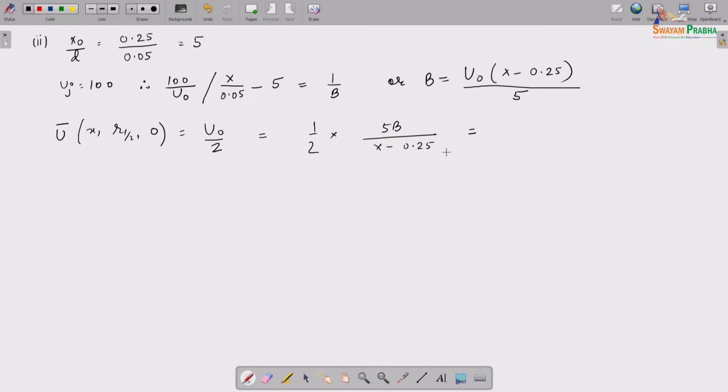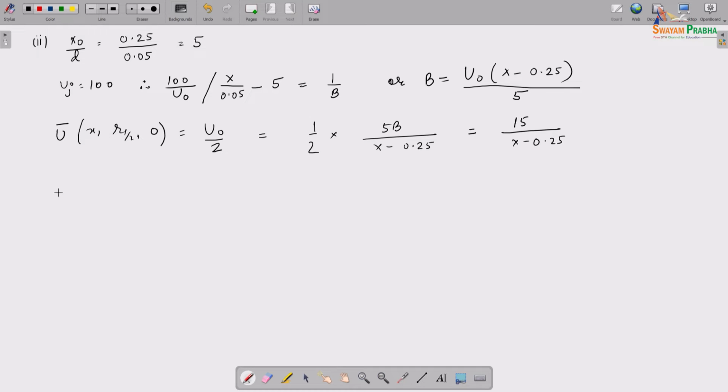Okay, so this is equal to... how do you get 15? Okay, sorry, yeah. So then b is equal to 6, right? So this turns out to be 15 by x minus 0.5, right? So then essentially, what we're saying is this.